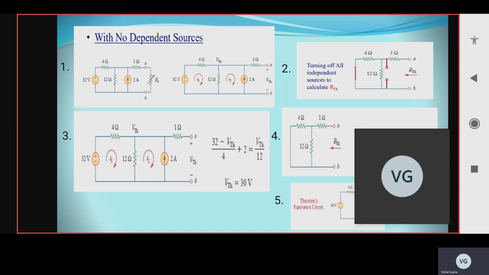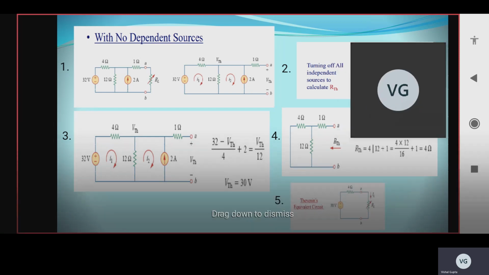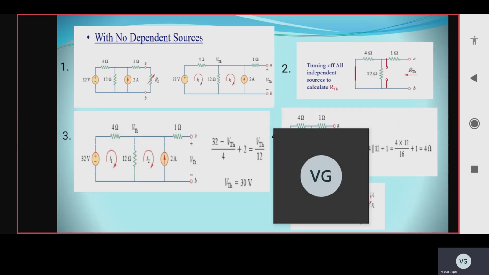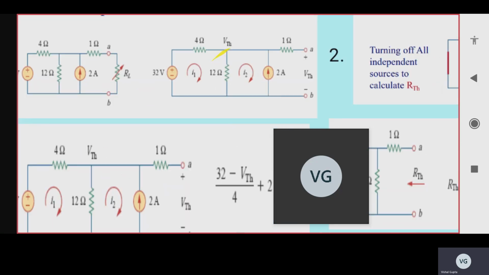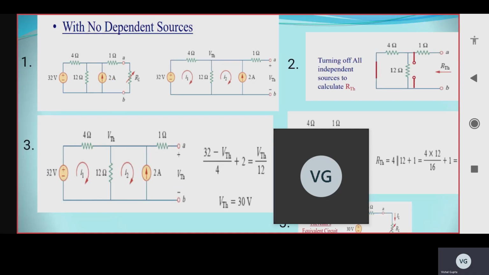And how I have solved this, we have shown step-wise, 1, 2, 3, 4, 5. We can see this clearly. Like in the first step, here is the given figure.